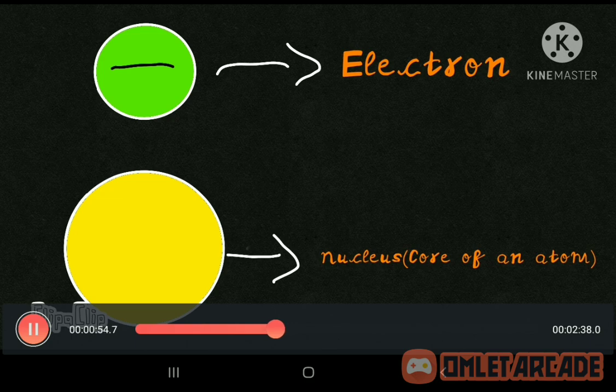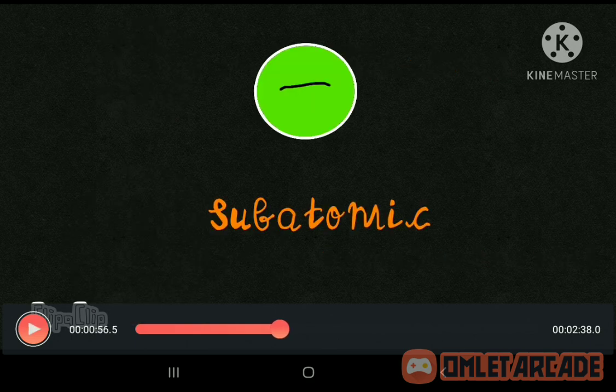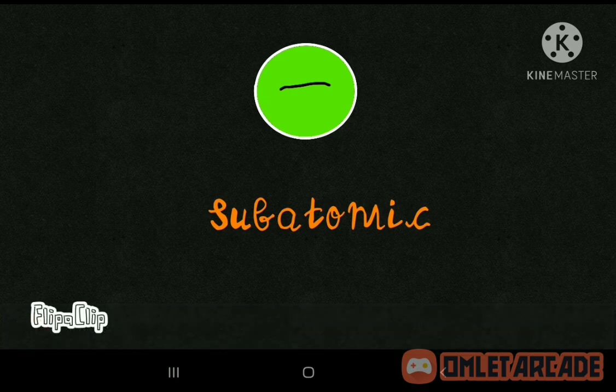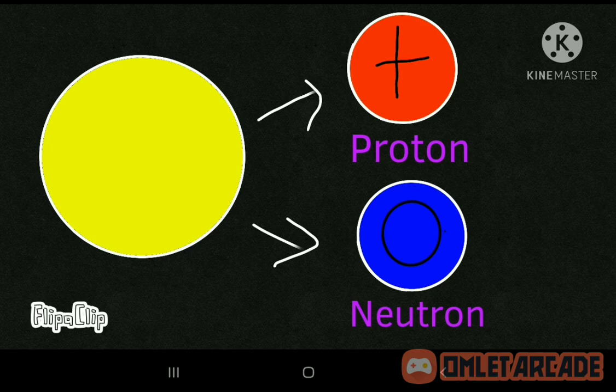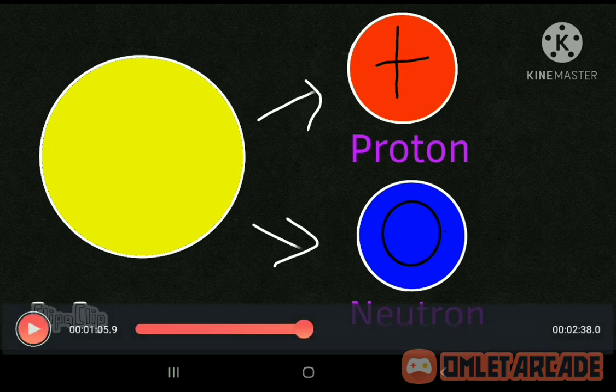Now, I will tell you that electron is a subatomic particle, but nucleus is not a subatomic particle at all. But why is nucleus not a subatomic particle? Calm down, because nucleus itself is formed by two different subatomic particles. It's called proton and neutron.